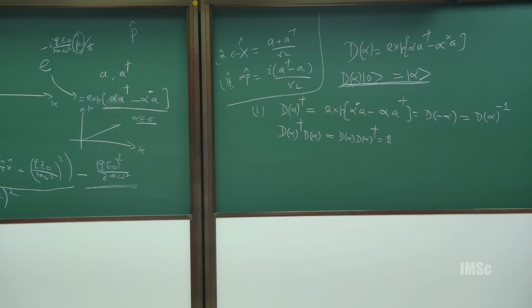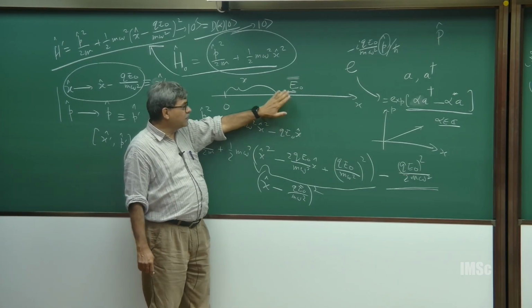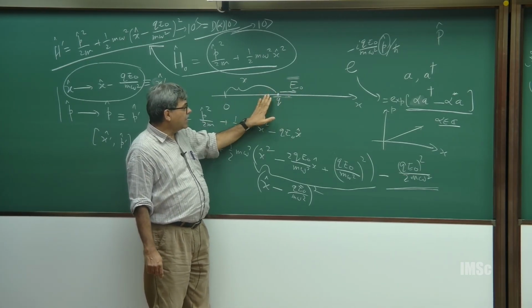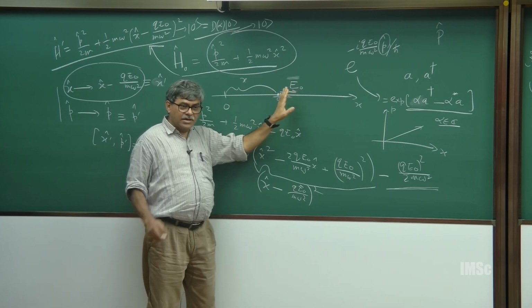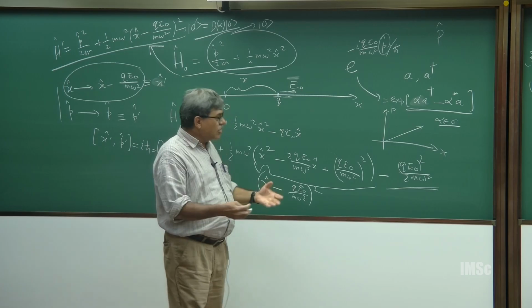If you apply both electric field and magnetic field, it will not be of this form. Applying the electric field, or even the magnetic field, the same is true. You are inserting some energy, and that gives rise to your displacement. Classically also that is what we do.